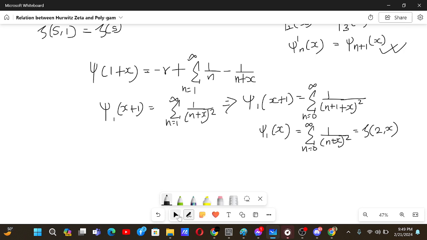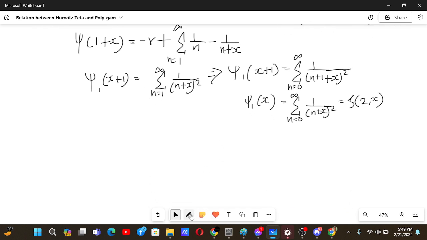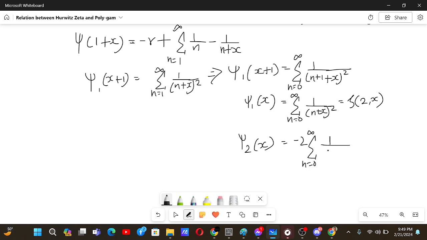Now if we differentiate this, what do you get? Polygamma base 2 of x, you can just differentiate this, and you will get minus 2 times the sum from n equals 0 to infinity of 1 by n plus x whole cube. That means you get minus 2 times Hurwitz zeta of 3 comma x.